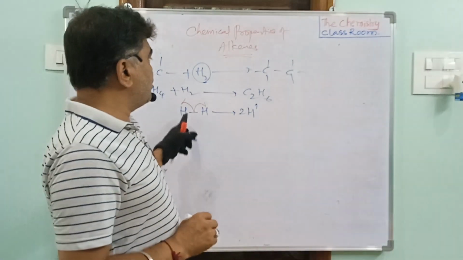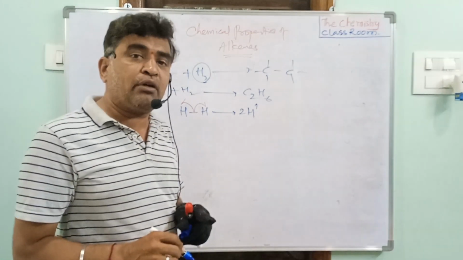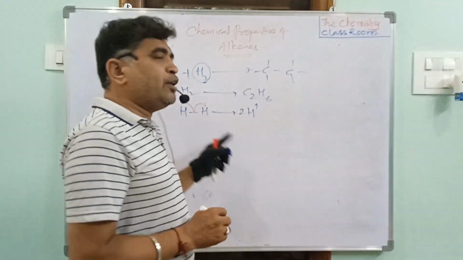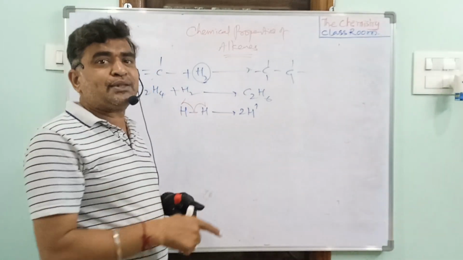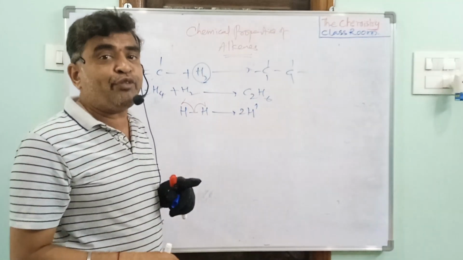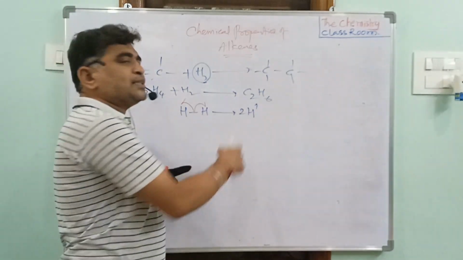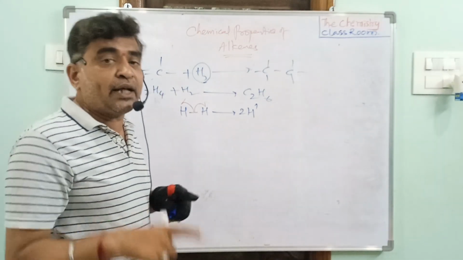The hydrogen is a homoatomic molecule, and the two hydrogens are equal in electronegativity, so each hydrogen gets one electron, one free radical. When free radicals are formed, what cleavage must the alkene undergo?